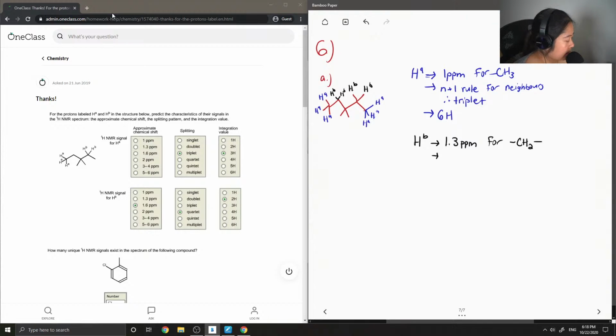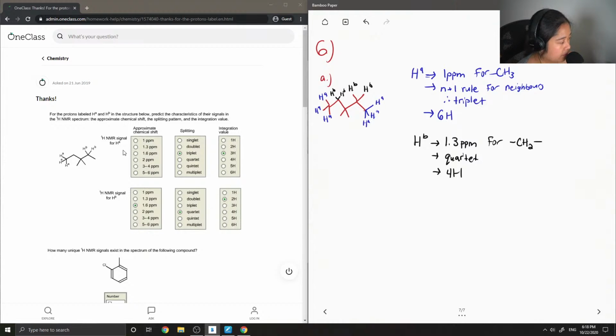If you look at the number of neighbors it has, there are 3 of the HAs, and then we're going to do n+1 again. So it'll split as a quartet. And then for the integration, it would be 4H, since there are 4 HBs.